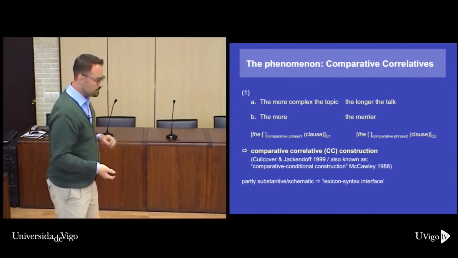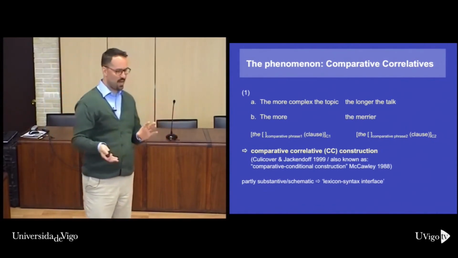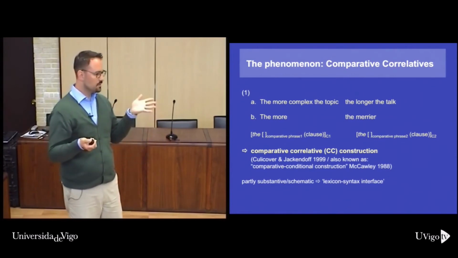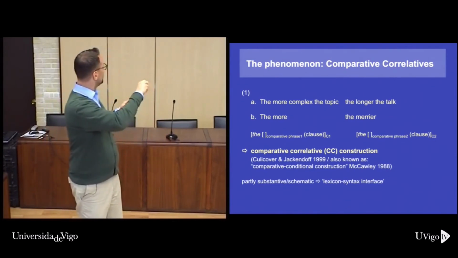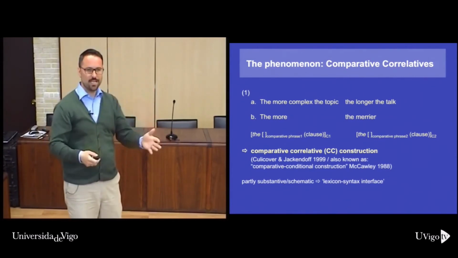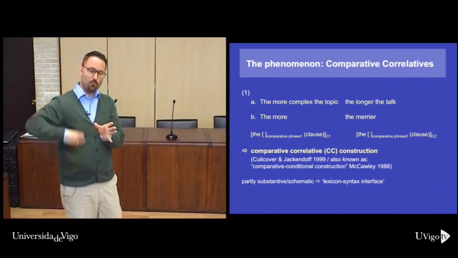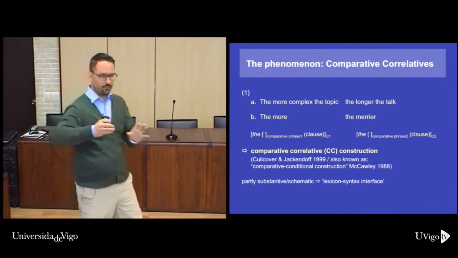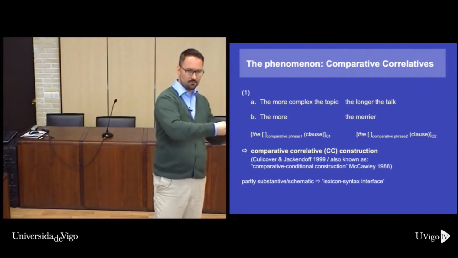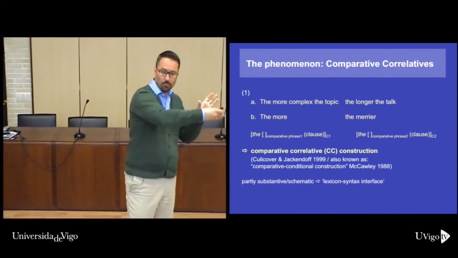And the meaning is always something like cause, effect, protasis, apodosis. The first one gives you an independent variable, so the more you eat, if you do this, more, cause, effect is the fatter you're going to get, effect, more.